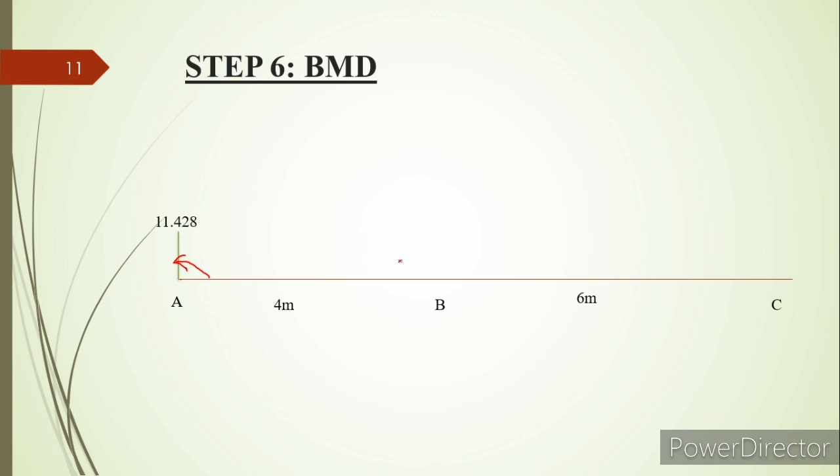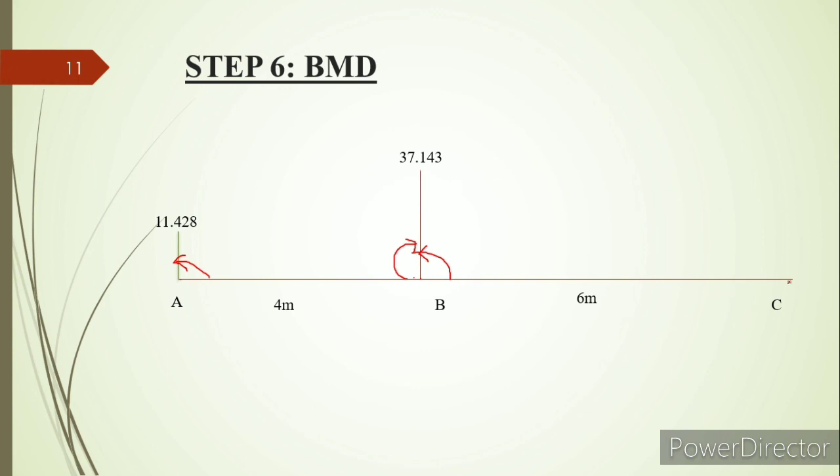Similarly, at the joint B, the value is 37.143 kilonewton meter. Here BA is in the clockwise direction, the moment of BA is clockwise. So considering this joint B, BA member clockwise direction, the moment is marked on this baseline. Similarly, when considering BC, the value is minus 37.143, so this will be anti-clockwise, minus 37.143.